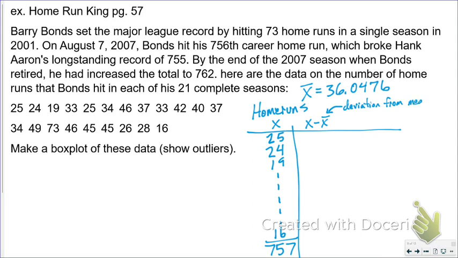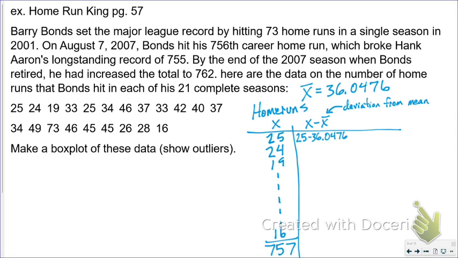And the calculator doesn't give that value, I believe. You could calculate it pretty easily. You just go 25, that's X, minus the mean. You would have to do this 21 times to get each deviation.